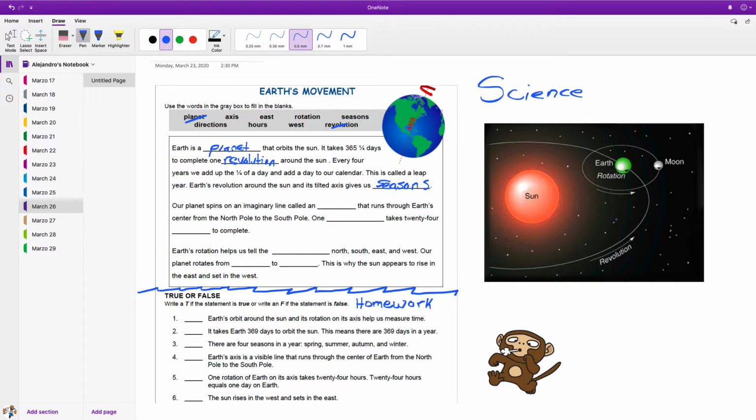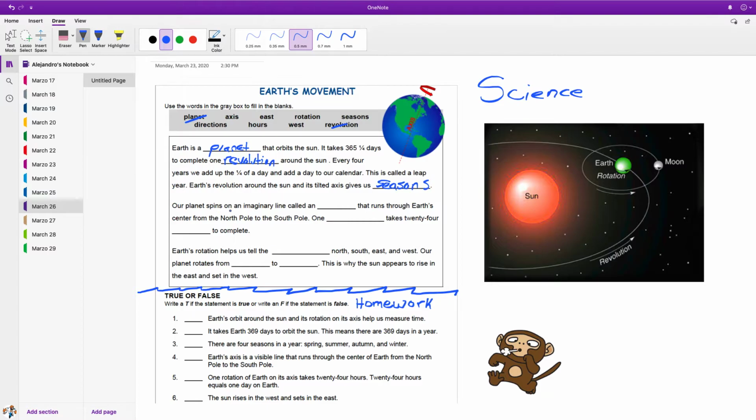But if we are far away from the sun, it's gonna be winter. So revolution, that's why we cared about revolution, because revolution helps us to see when and how we have the seasons in the planet Earth. Okay, so we're good with the first paragraph. Let's go ahead and continue.